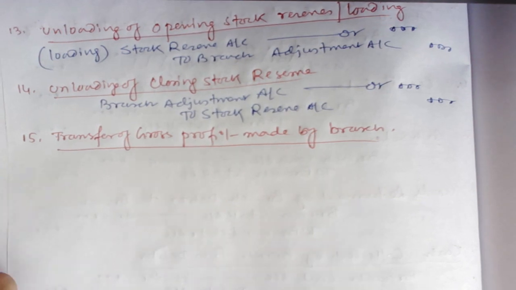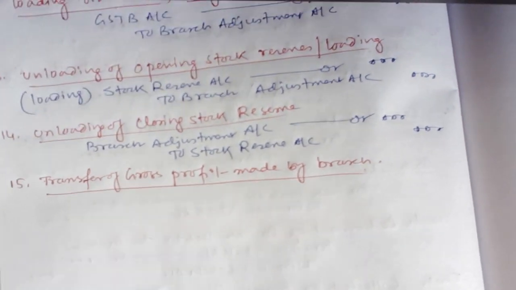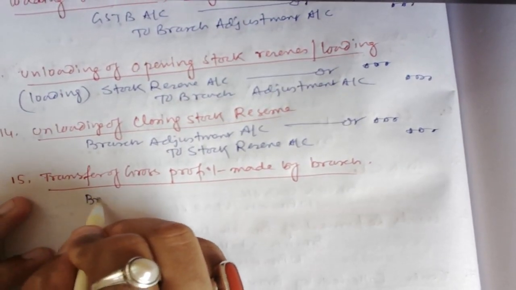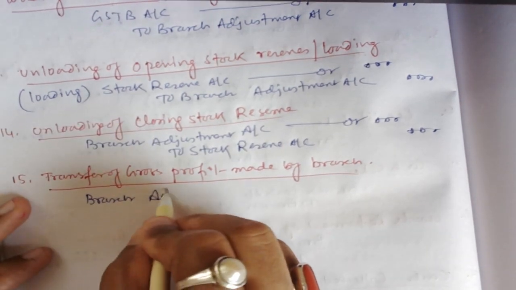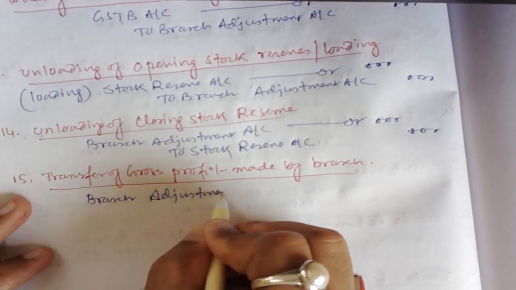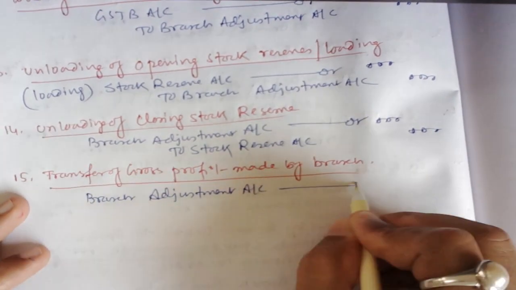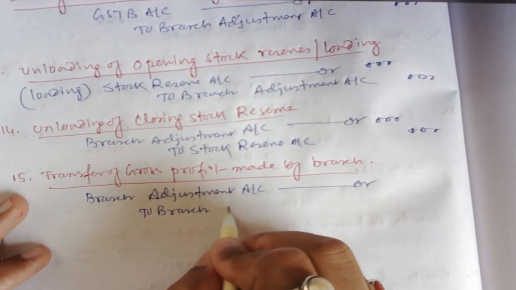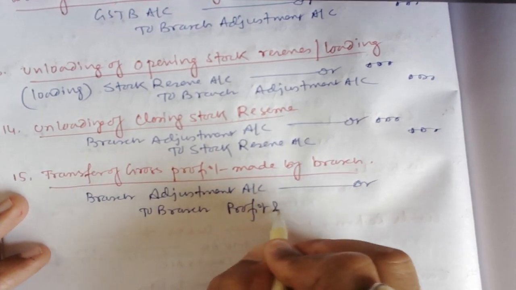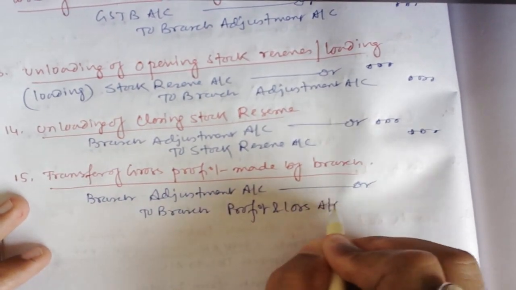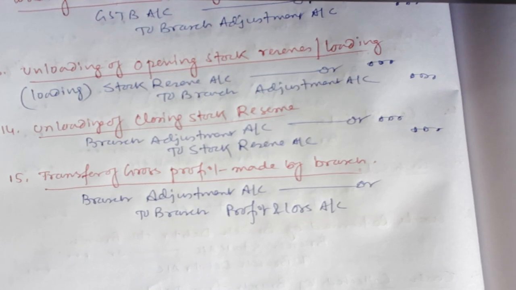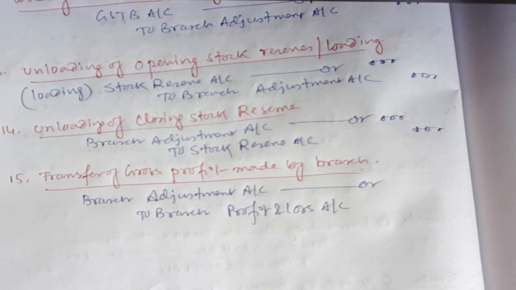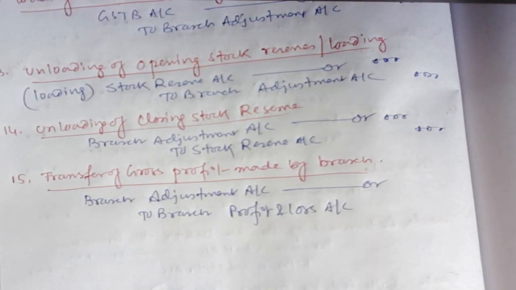So when the gross profit is transferred, the journal entry will be, sir, branch adjustment account debit to branch profit and loss account. Okay, remember, branch adjustment account debit to branch profit and loss account, sir. It's very easy.